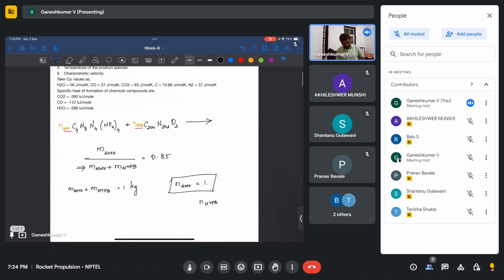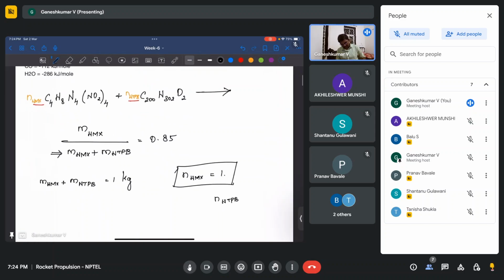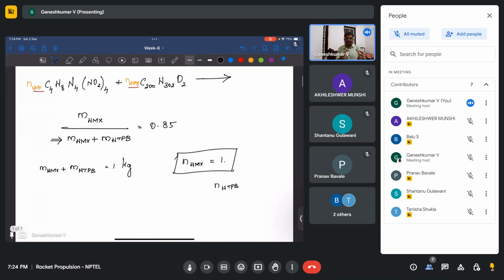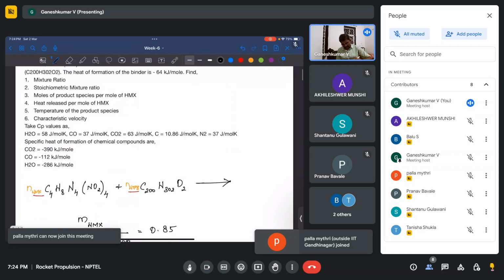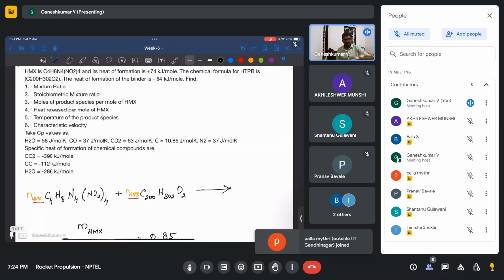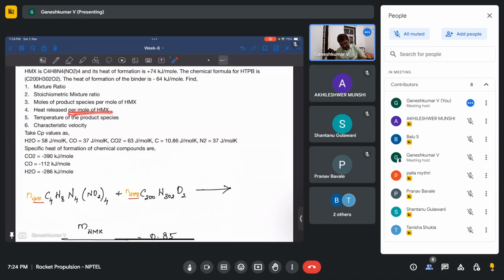It doesn't matter which way you normalize, you are going to get the same quantities they were asking. Either way the mixture ratio will be the same, and temperature and heat release will be the same, because everything is asked per mole of HMX.